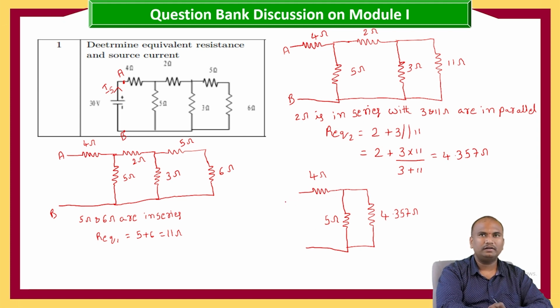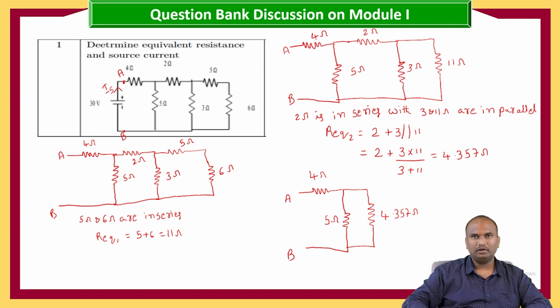This is our equivalent circuit. Between these two terminals, this 5 ohms and 4.357 are in parallel, and that combination is in series with the 4 ohms.